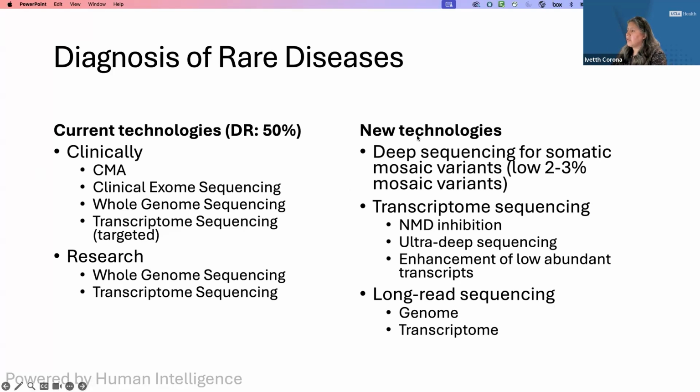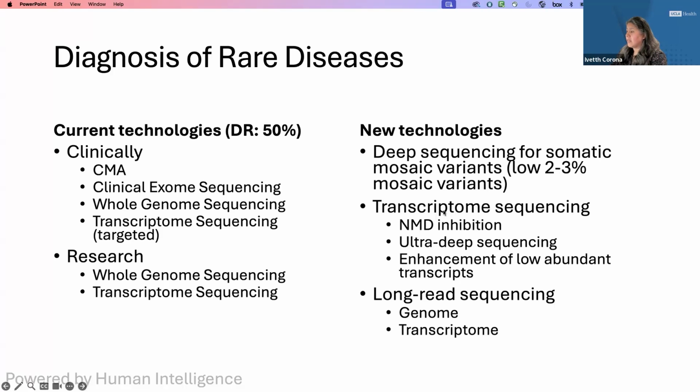And then we have new technologies that are being tested and developed. One of the ones listed here I think is important to note. Deep sequencing has been available for a long time, but some recent discoveries point to low-level mosaic variants, with mosaicism of 2 to 3%, that are gain of function and can actually be important to the development of some diseases.